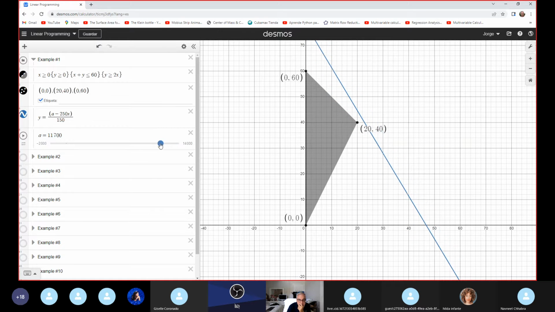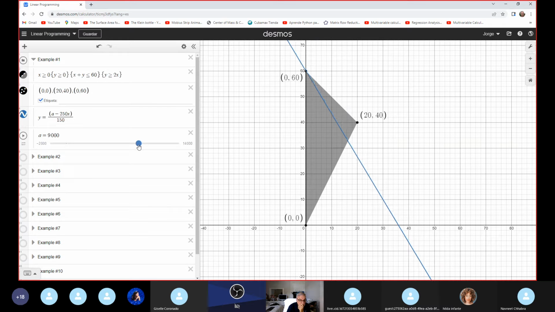You see when you're moving, the first point that you touch is this. Boom. And this point is 11,000. I don't know if it's dollars or what, but I suppose it's good because I need to maximize this. So you continue moving, and the other corner that you touch is 900 something.